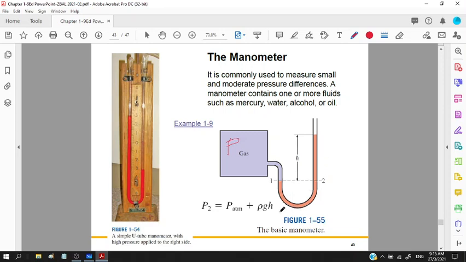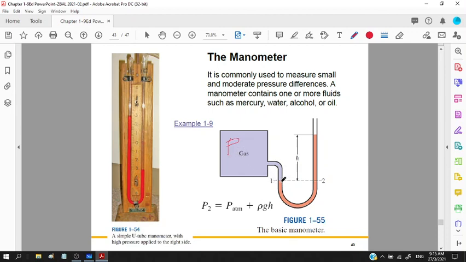When we look at the variation of height, we know that when the liquid is at the same level, the pressure is equal. So P gas is equal to P1.